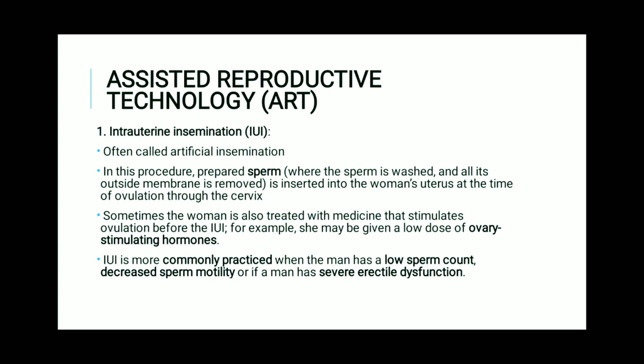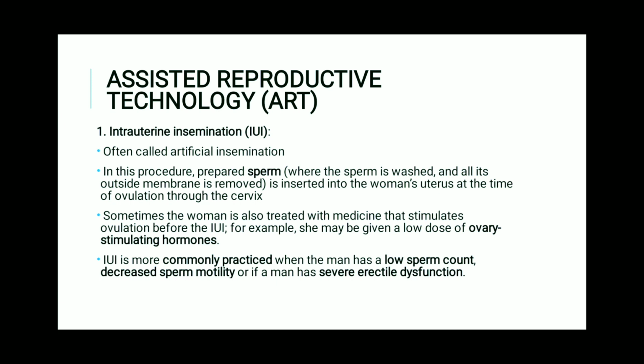IUI is an infertility treatment that is often called artificial insemination. In this particular process, prepared sperm, what do you mean by prepared sperm? The sperm is collected, washed, and all its outside membrane is removed. And that sperm is inserted into the woman's uterus at the time of ovulation through the cervix region.